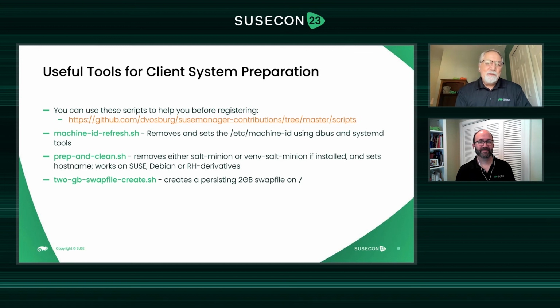One removes and resets all the machine IDs, and then there's a prep one that checks to make sure that Salt Minion isn't previously installed, which might be an old version or an unsupported version. And then during the registration process, that will get laid down with the latest one from your server. And then obviously, we talked about swap file creation. There's a script to be able to do it.